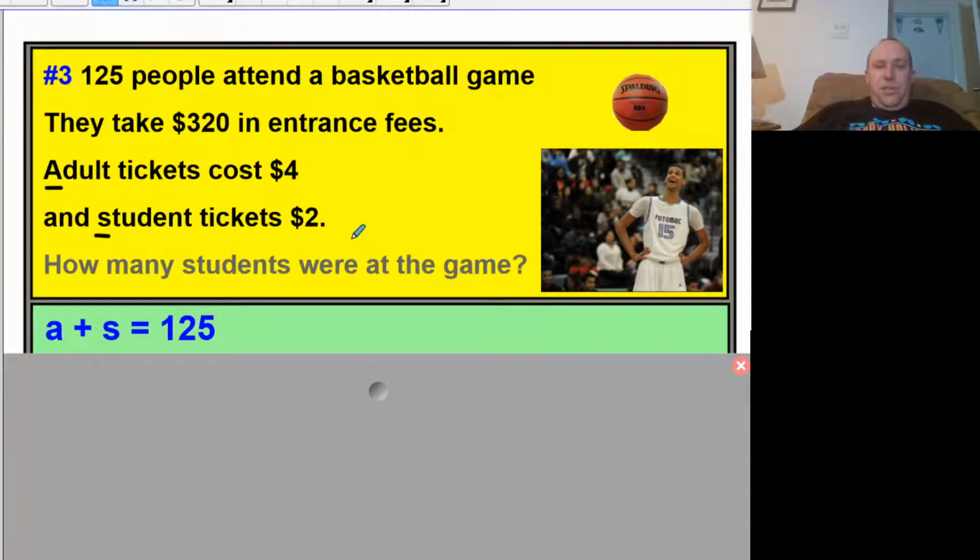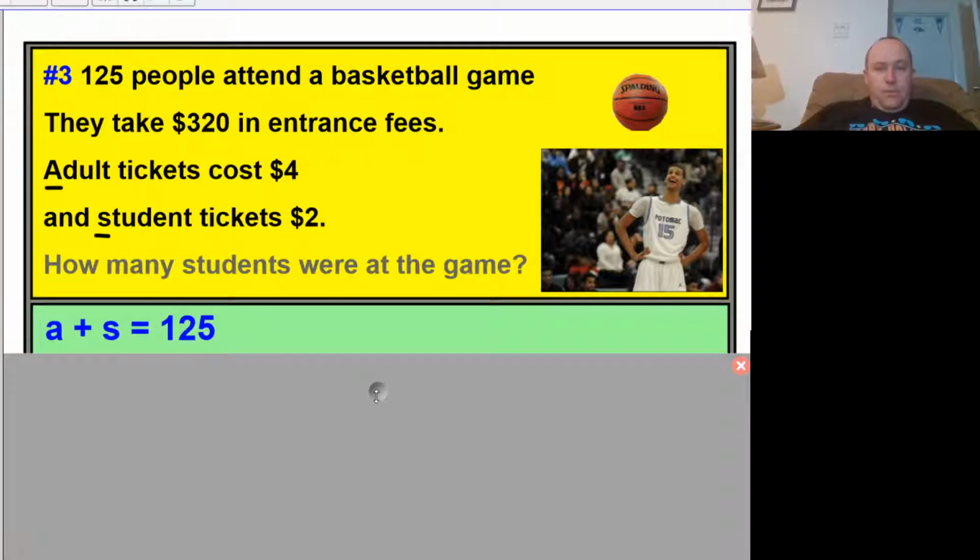And the first equation is to do with this first number. 125 people attend a basketball game. So the number of adults, that's my a, plus the number of students, that's my s, equals 125. My second statement is all to do with the numbers that we see here with the dollar signs next to them. So my adults are $4.